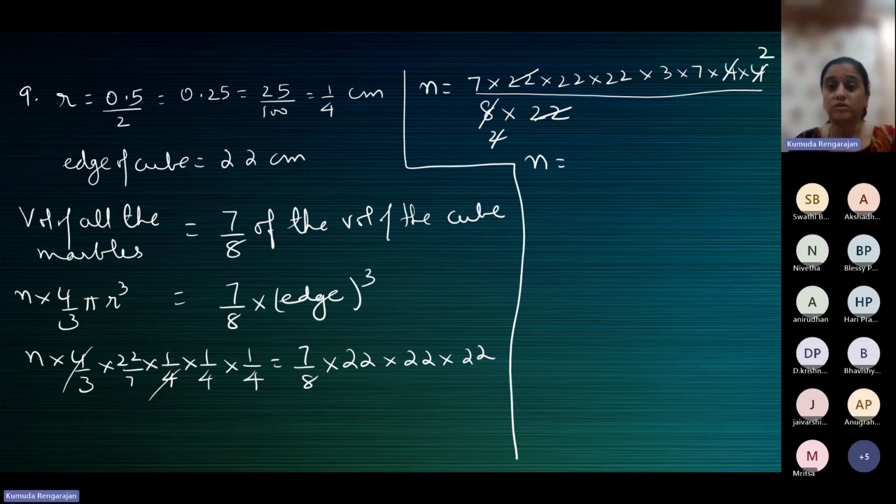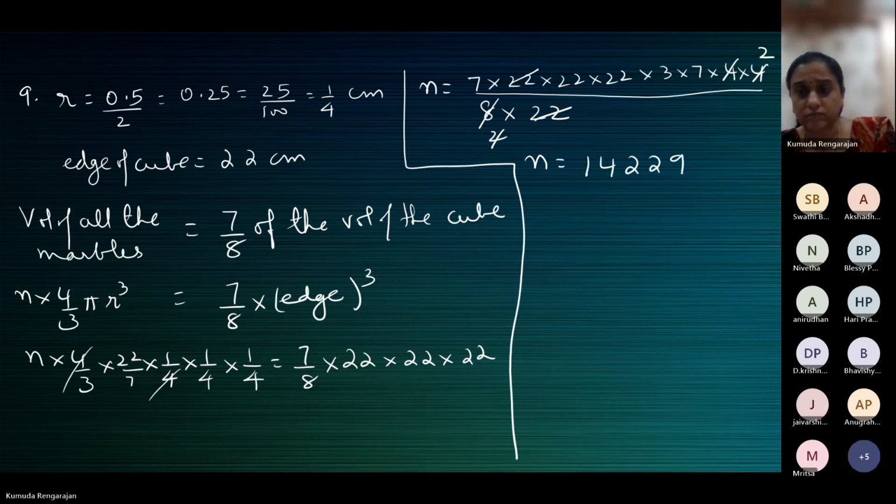So 22 into 49 into 6. 49 into 6. I'm getting, yeah, and this is the correct answer. 9A.